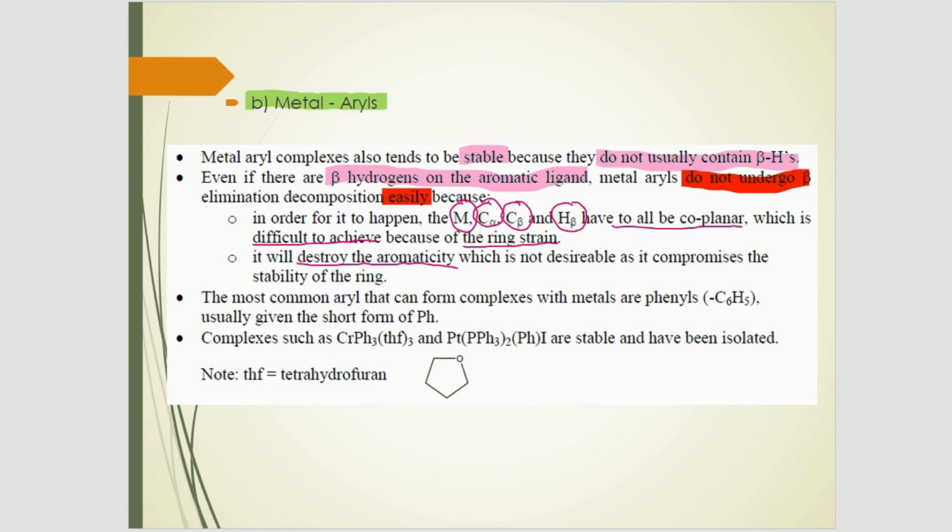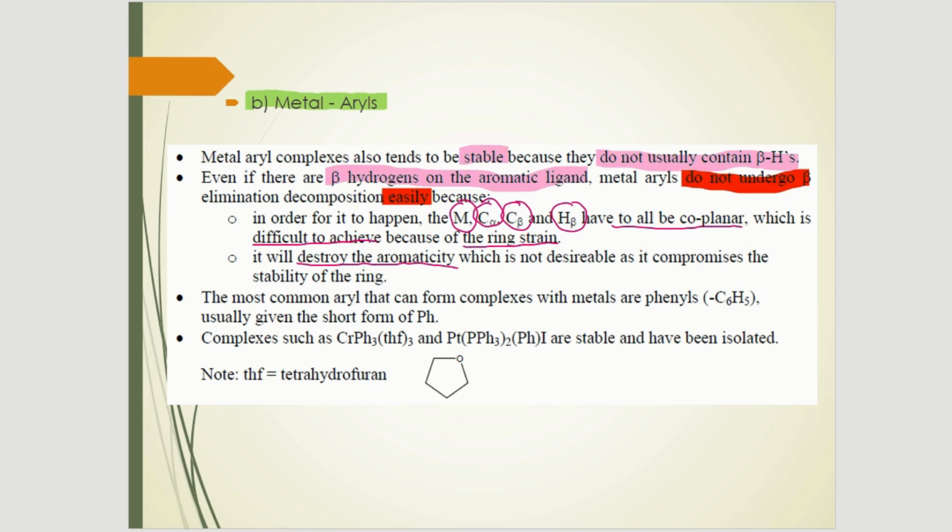As you know, benzene or aryl groups have a resonance structure. Making sure that all these four are coplanar is very difficult to achieve.